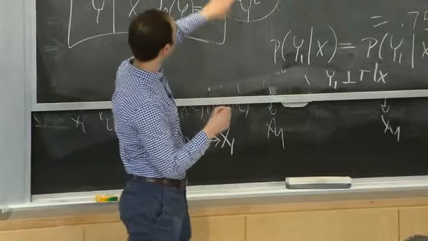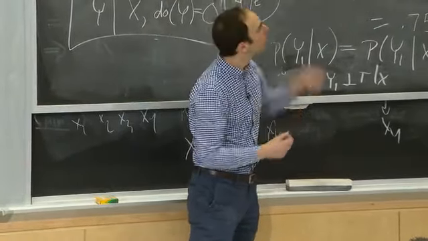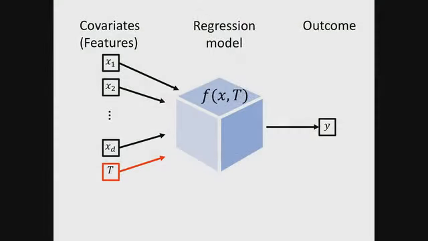It's predicting y given x and t. So t is going to be an input to the machine learning algorithm, which is going to predict what would be the potential outcome y for this individual described by features x1 through xd under intervention t.